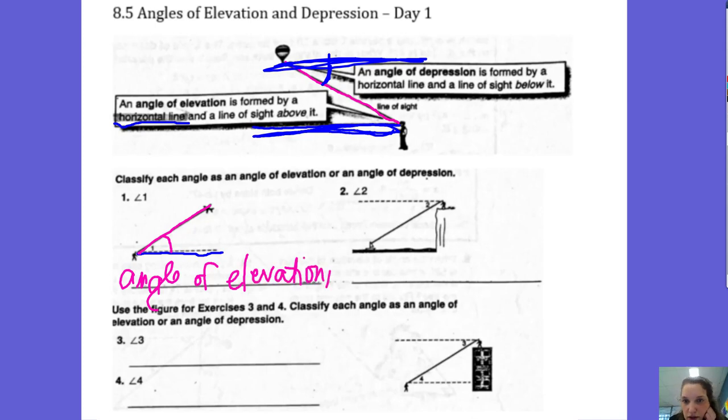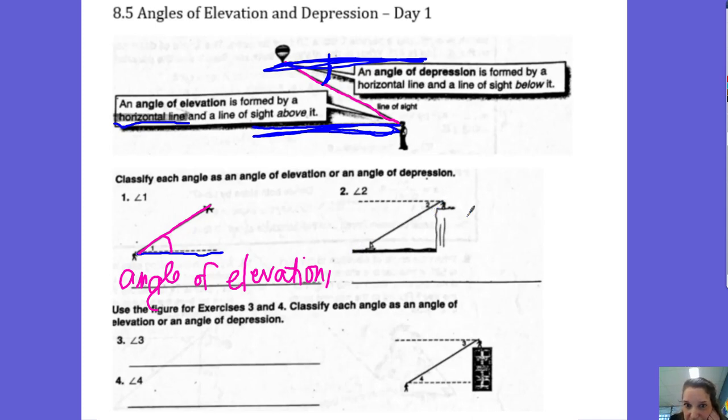Okay, number 2. Here's the man on top of the cliff, and he sees this sailboat down below him. So his line of sight is looking at something that's below. I'm looking for my horizontal line. Okay, here's my horizontal line. So angle 2 is formed by a horizontal line and the line of sight that's below the person.